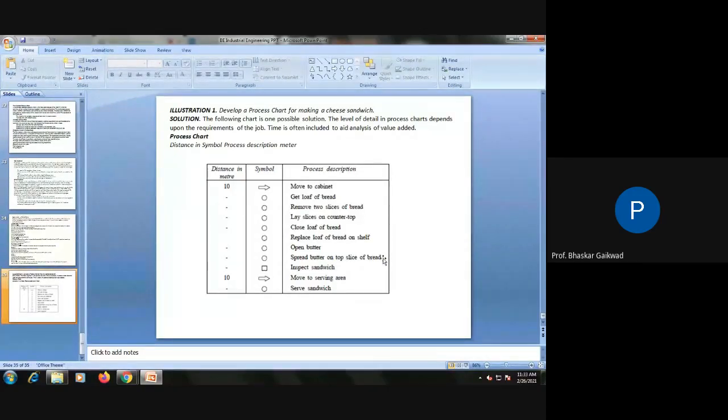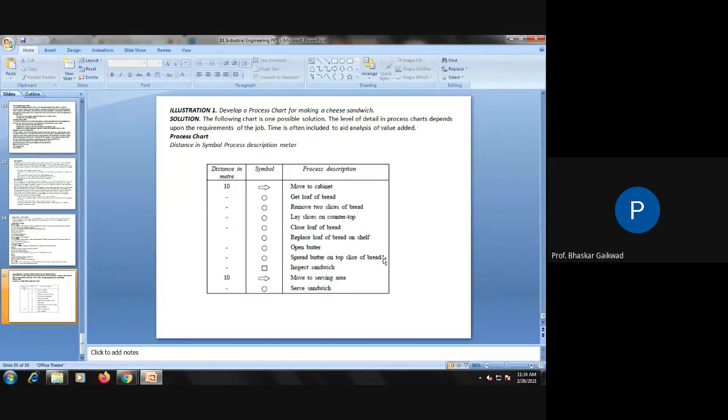This is one of the examples commonly used in our hotels. It is very easy to remember, that's why I have taken the ghee sandwich. Suppose you go to any hotel and demand this, so what is the actual operation?